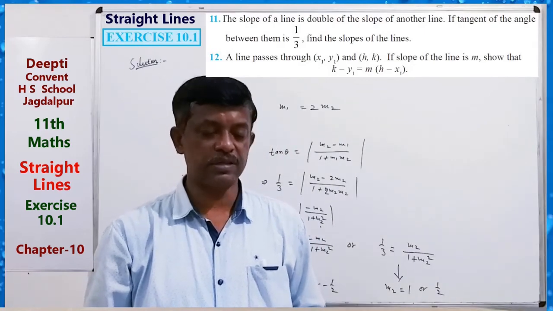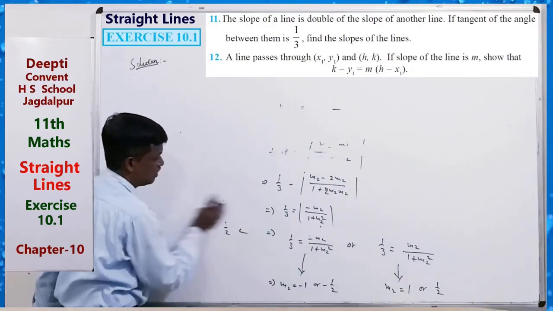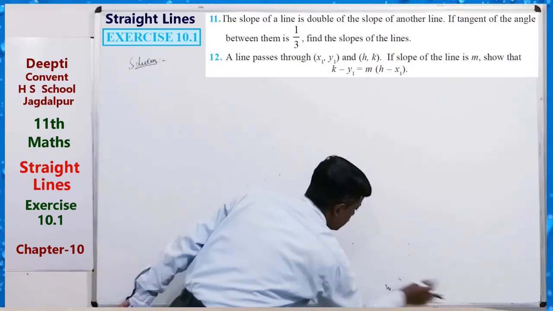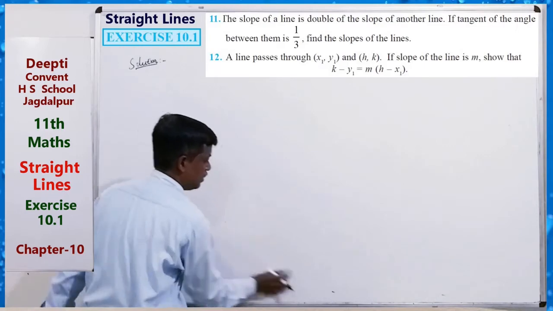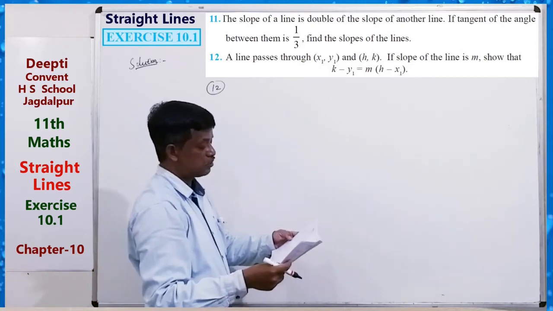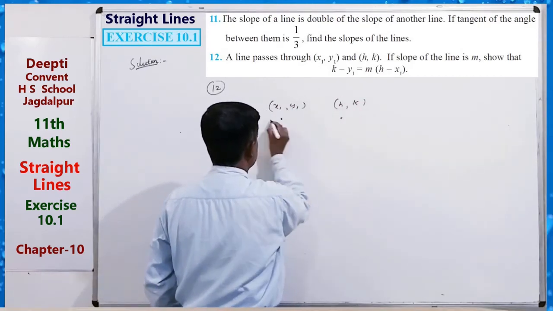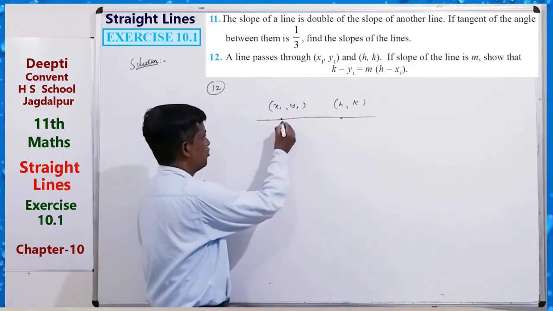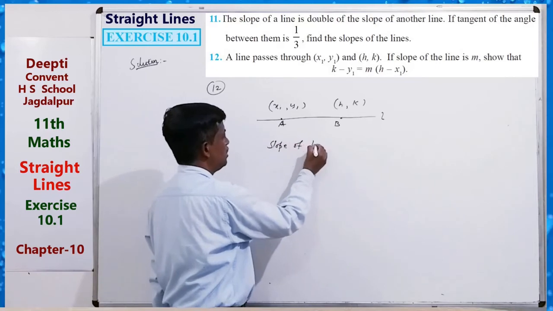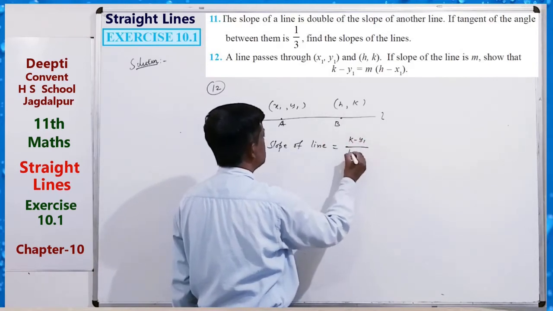The line passes through two points, so the slope of the line can be found, very simple. The line passes through x1, y1, which is one point, and h, k, which is another point. So the slope of the line equals y2 minus y1 upon x2 minus x1, which is k minus y1 upon h minus x1.